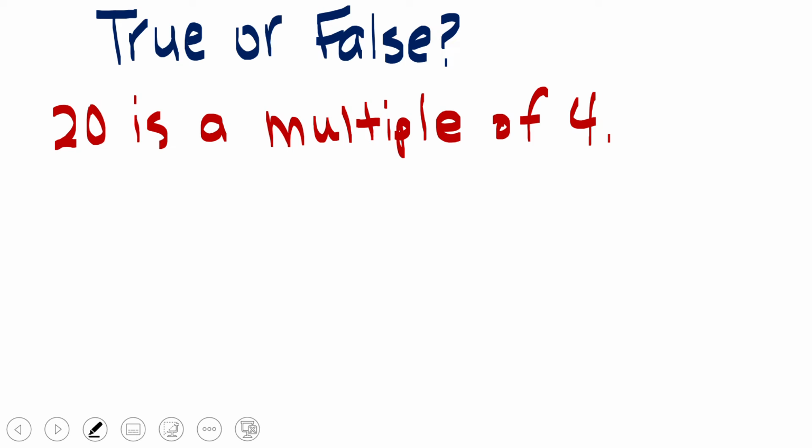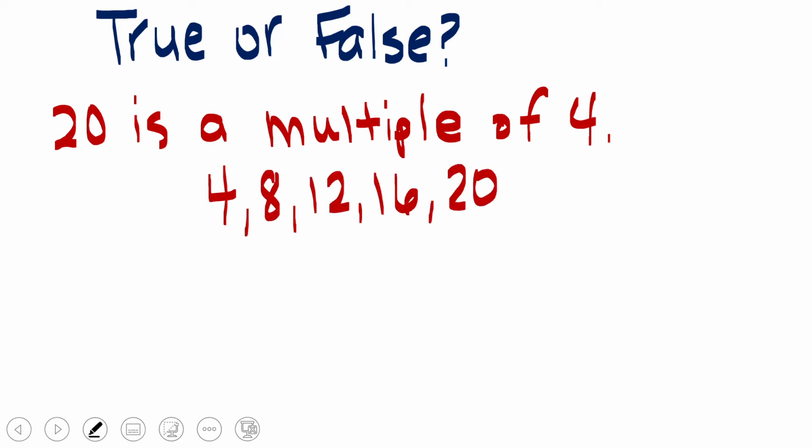Well, if we think it through and skip count through the times 1, times 2, times 3 as multiples of 4, we'd say 4, 8, 12, 16, 20. Yes, 20 is a multiple of 4.